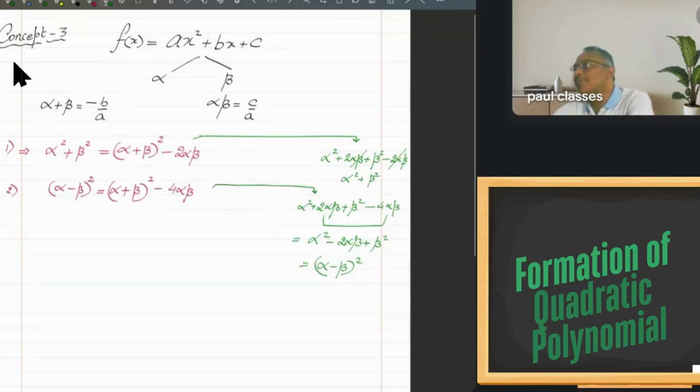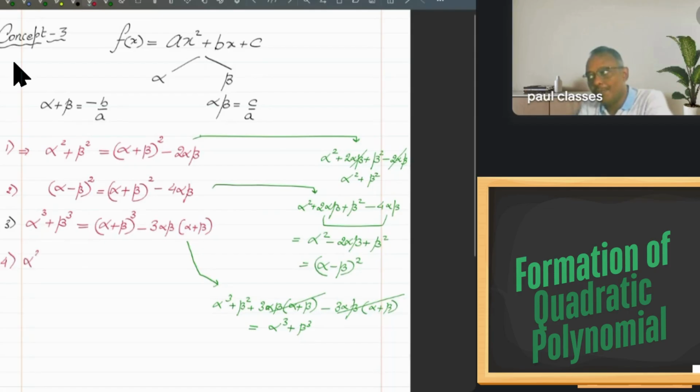चलो और आगे बढ़ो. Suppose you were asked to find the value of a cube plus b cube, alpha cube plus beta cube निकालने की इच्छा हो रही है. So there is one identity, one formula which says that you write it as alpha plus beta ka whole cube minus 3 alpha beta times alpha plus beta.